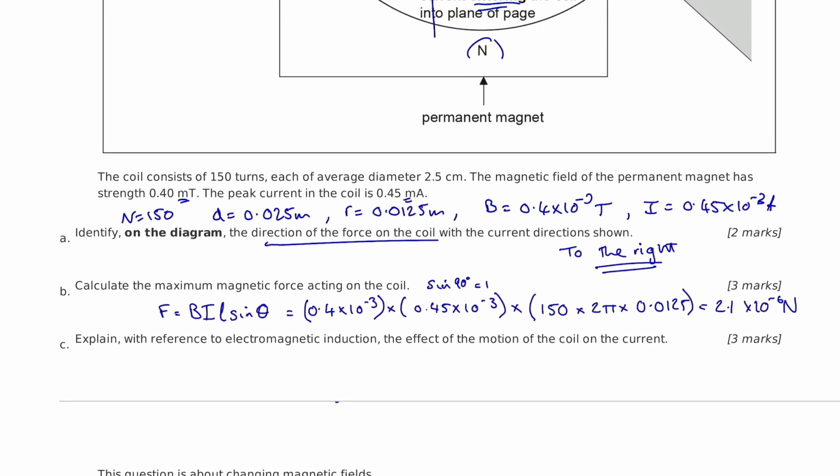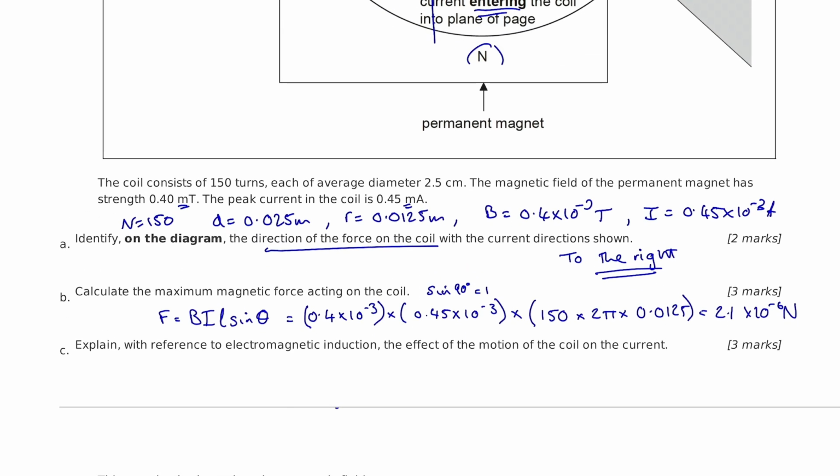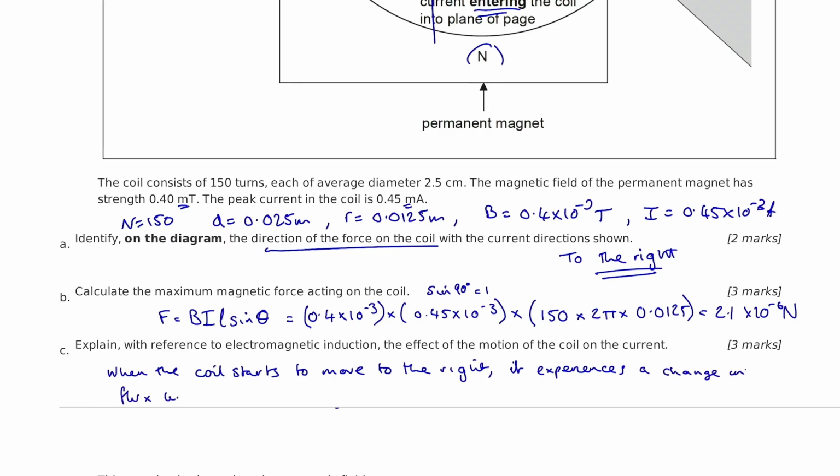Question 5c. Explain with reference to electromagnetic induction the effect of the motion of the coil on the current. Okay. So when the coil starts to move to the right, it experiences a change in flux linkage.